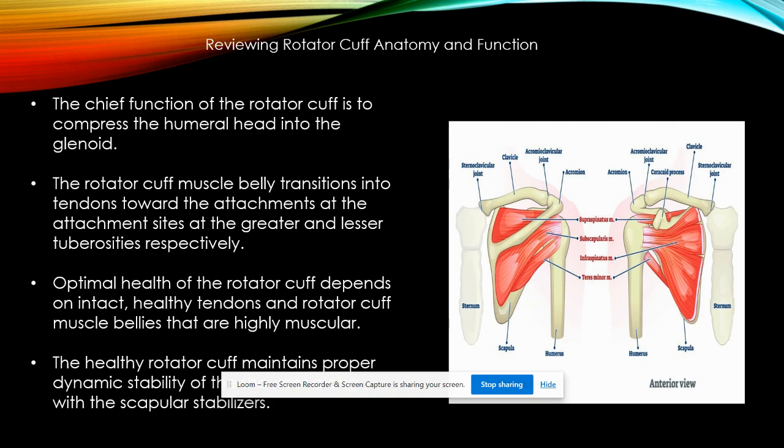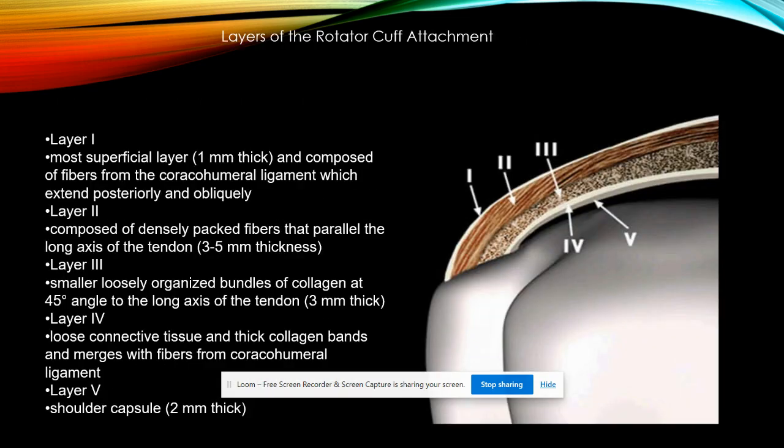So a healthy rotator cuff maintains proper dynamic stability of the shoulder, along with the scapular stabilizers, because we have that 2-to-1 ratio, which is a combination of motion between the scapulothoracic articulation and the glenohumeral joint.